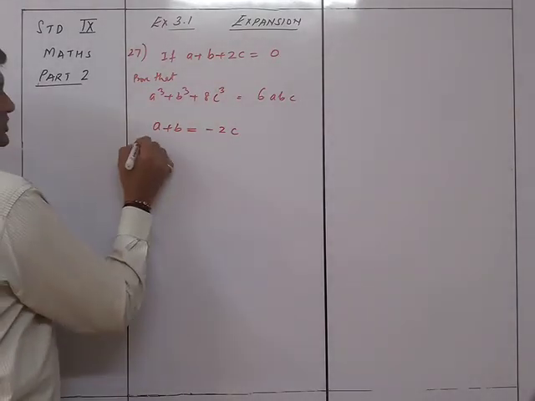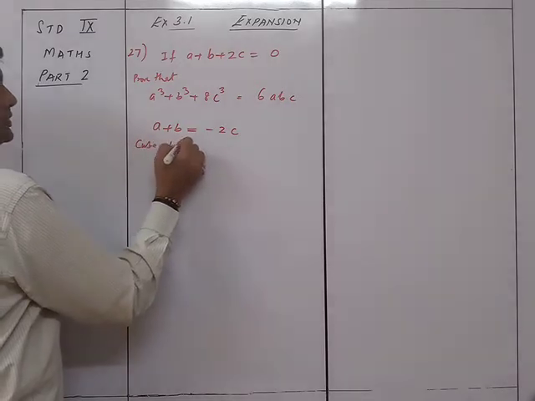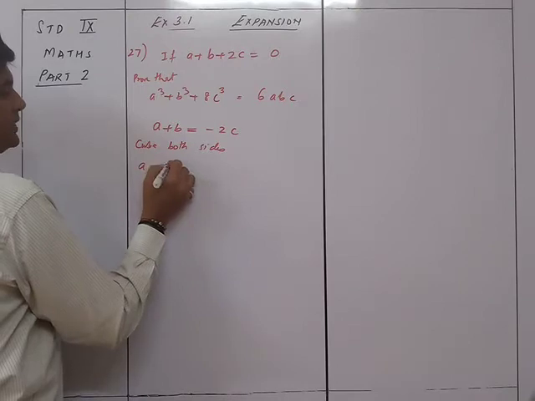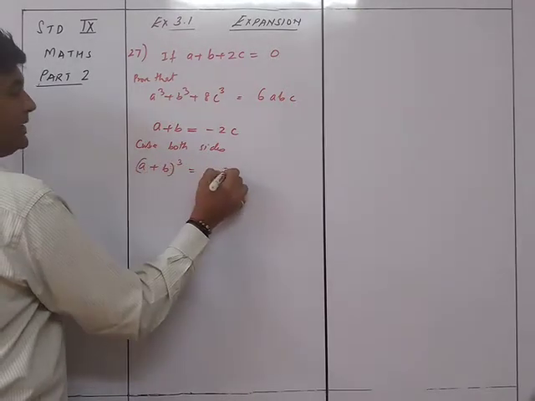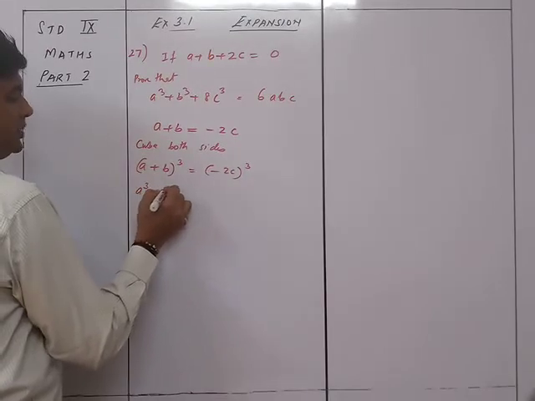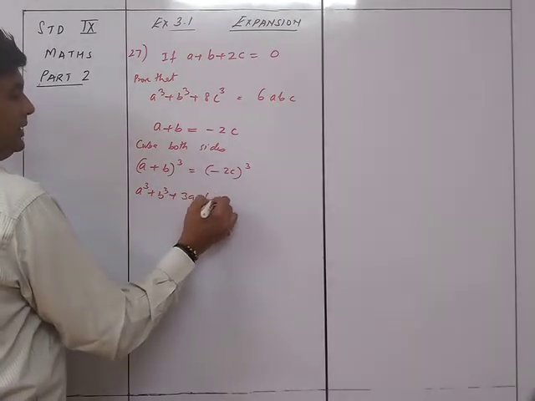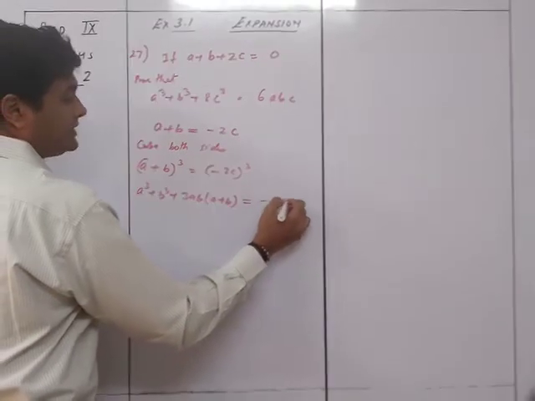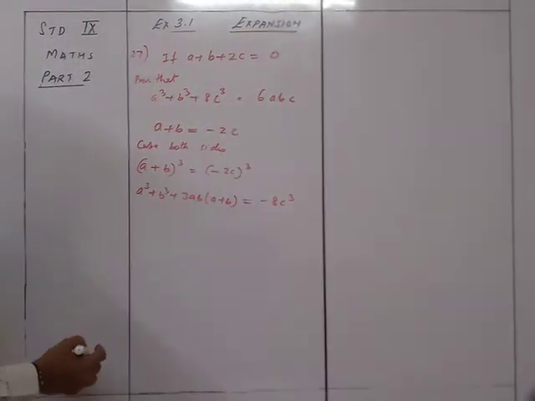Now cube both sides. We get a plus b the whole cube is equal to minus 2c the whole cube. So this is nothing but a cube plus b cube plus 3ab into a plus b is equal to minus 8c cube.